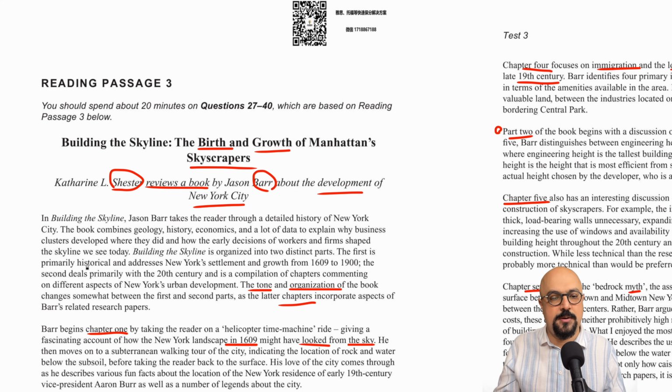The first is primarily historical and addresses blah blah blah. The second deals primarily with the 20th century and is a compilation of chapters commenting on different aspects of New York's urban development. The tone and organization of the book changes somewhat between the first and second part, as the latter chapters incorporate aspects of Barr's related research papers.